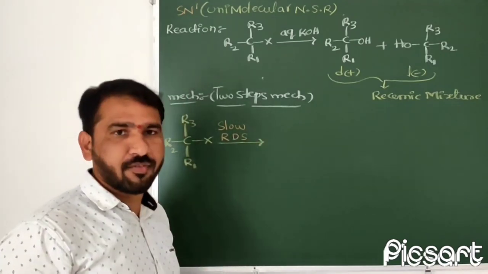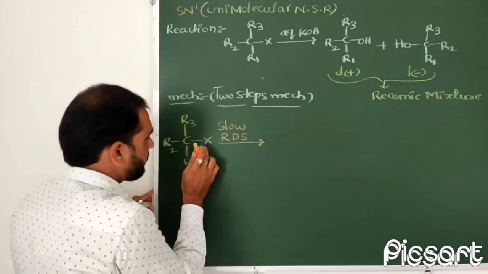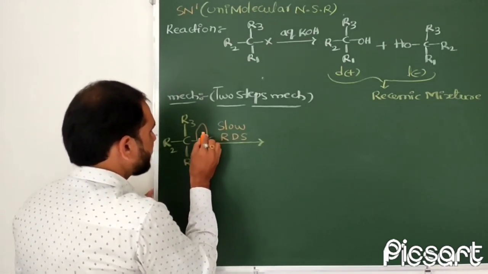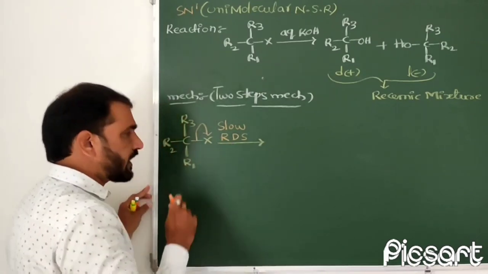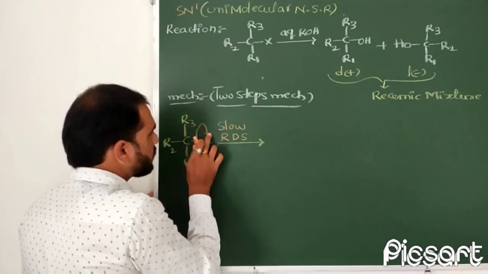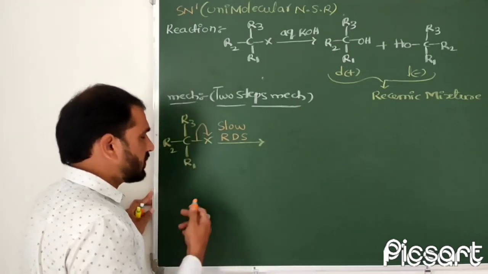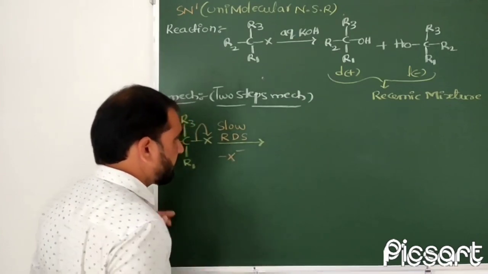In the first step, what happened? The bond between carbon and halogen breaks like heterolytic fission due to the electronegativity difference. Then the bonded electrons move towards the more electronegative halogen side. Then X is removed as X minus.